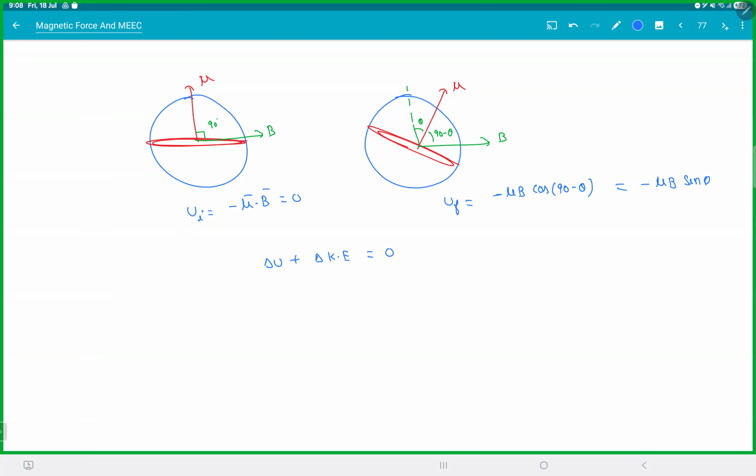The total energy is same, right? So from here we will get mu B sine theta, which is final U minus initial U, equal to half m v square plus half I COM omega square. I can use conservation of energy, isn't it? The change in magnetic potential energy is equal to the gain in kinetic energy.